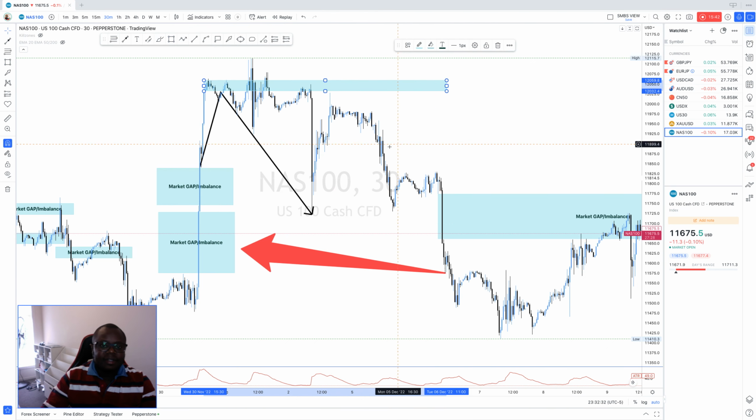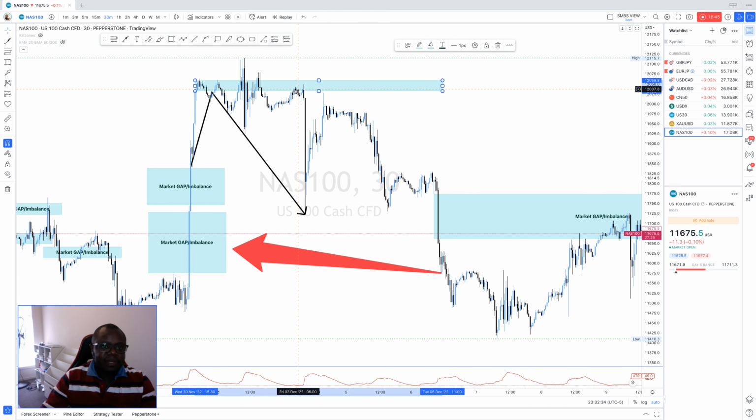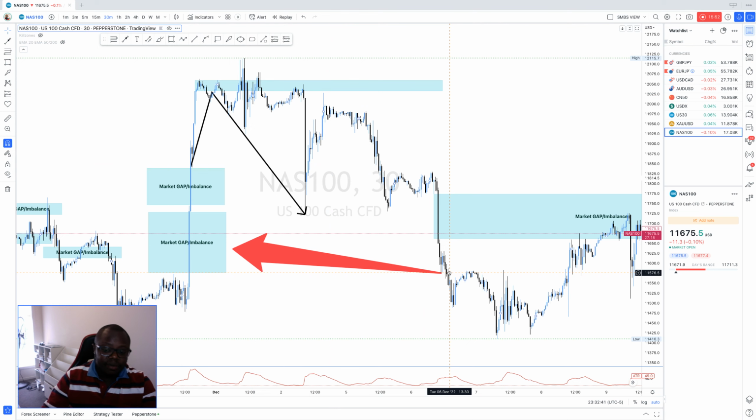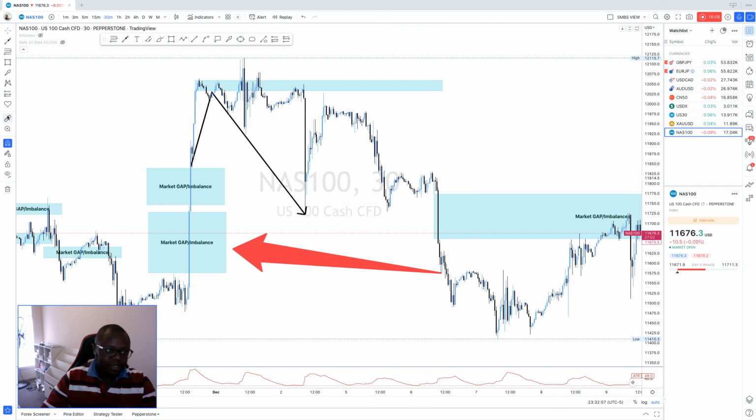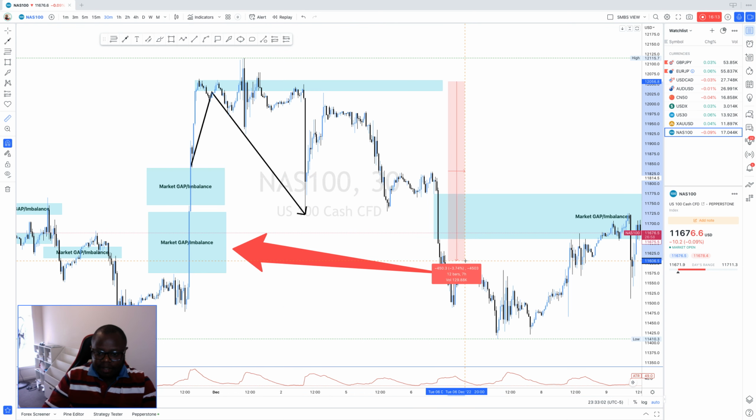When that person enters a sell when price is here, he holds the trade all the way until this level is cleared, or when the second imbalance is cleared. If you count how many bars, on a 30 minutes time frame, until this was cleared, you'll get around 179 bars. And if you look at how many pips this would have been, if someone entered from here up to there, that is around 450 pips.